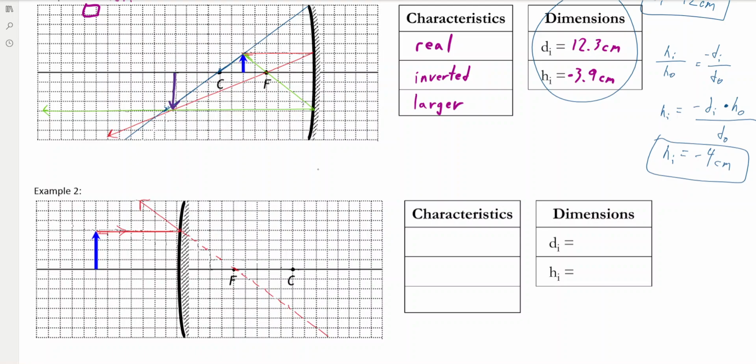Now, the center of curvature is interesting because, especially in a convex situation, when you actually hit the mirror, let's just make sure that it's going to work on this side. Yeah, when you actually hit the mirror, it starts by going towards the mirror, and it will bounce straight back the other way.